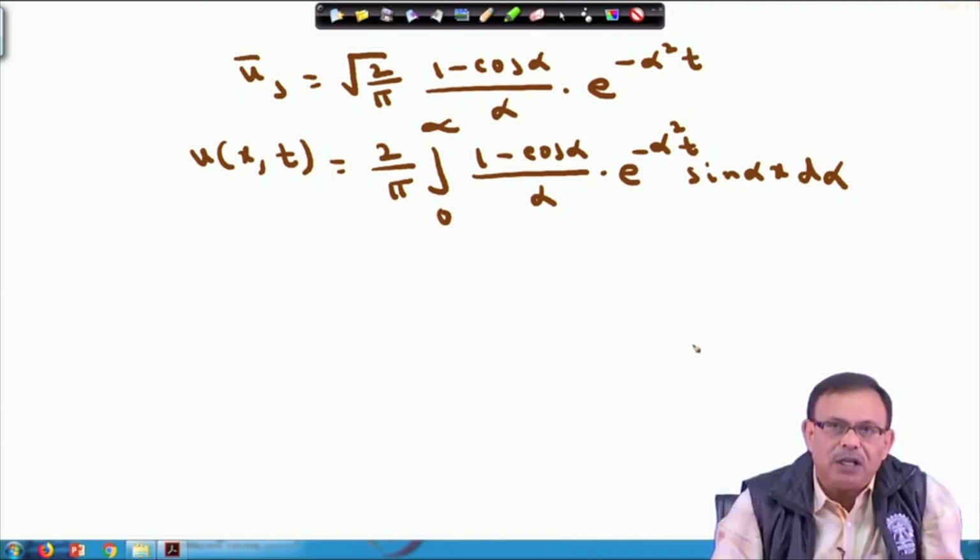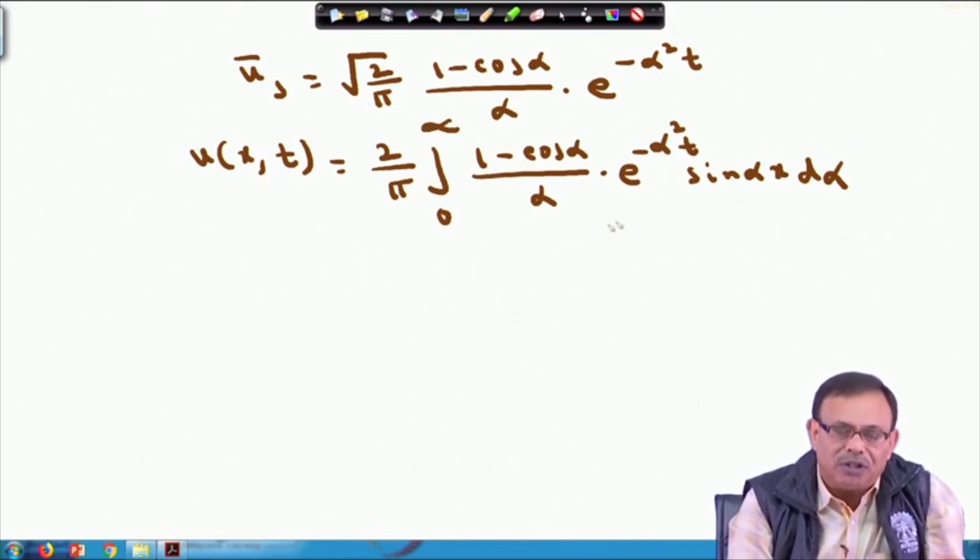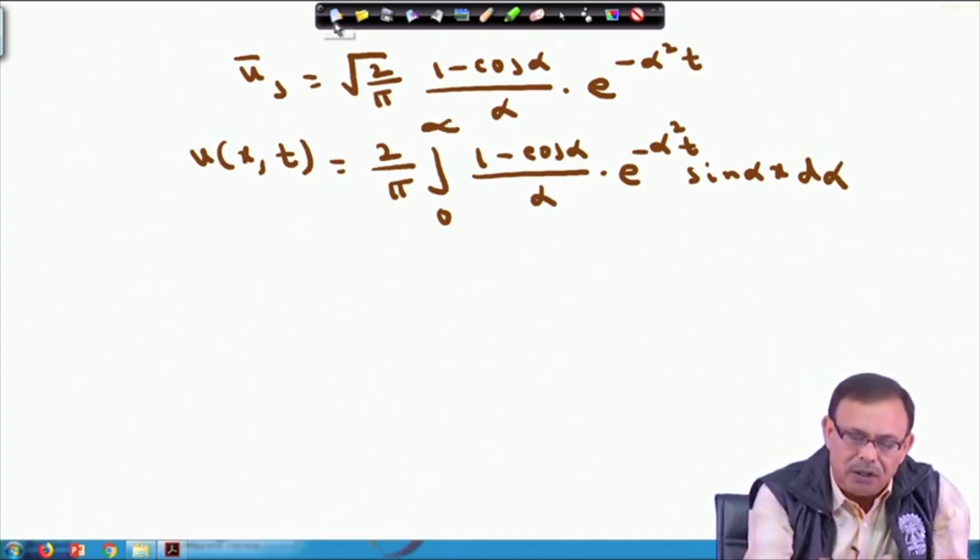As I have told you earlier, we are leaving this integration part, which you can do on your own. So the third part becomes u x t equals this particular integral.